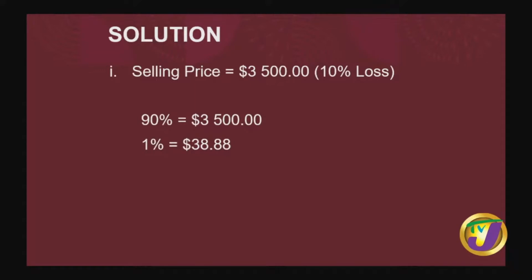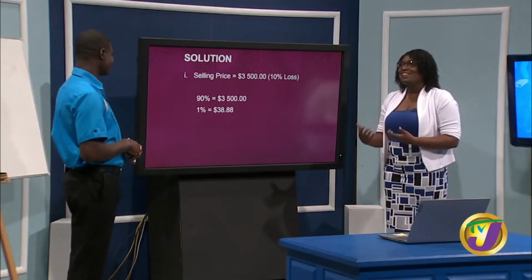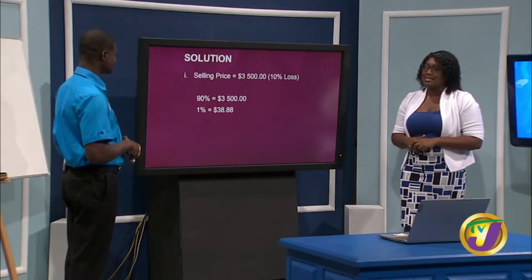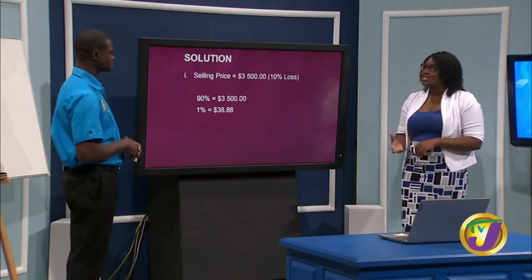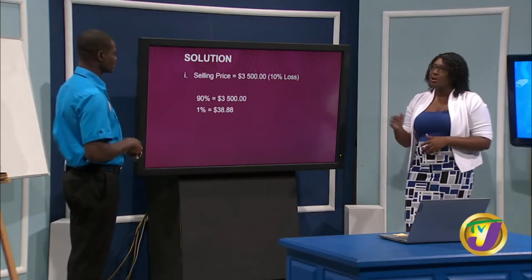If in the previous example we divided our selling price by 120%, we'd do the same procedure here. So we're going to divide our selling price by 90. 3,500 divided by 90 gives us $38.88. So 1% is $38.88.